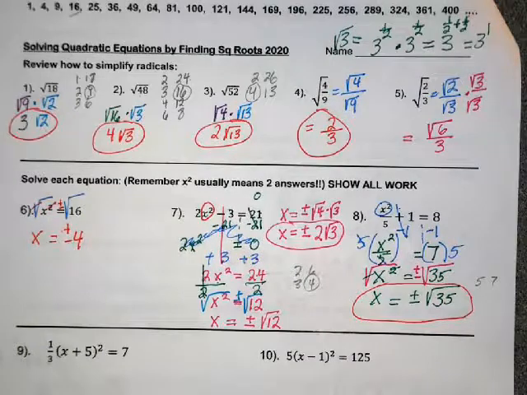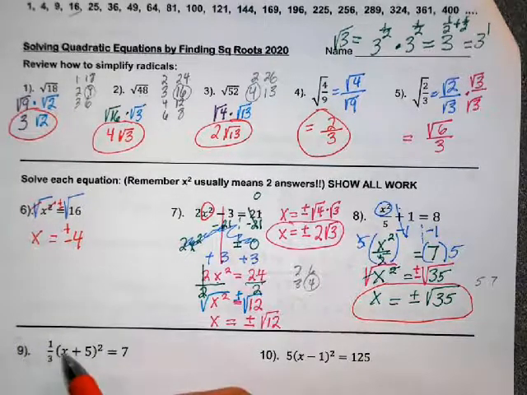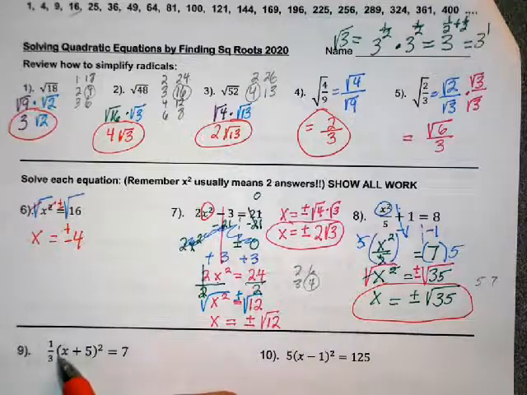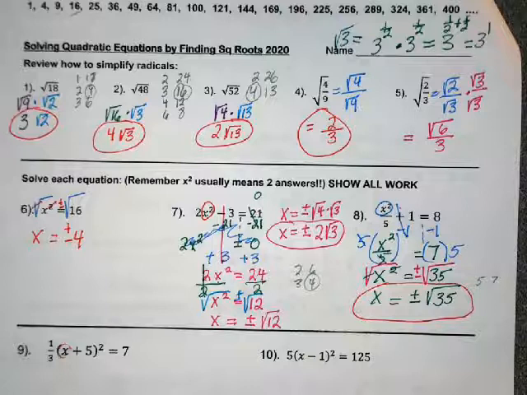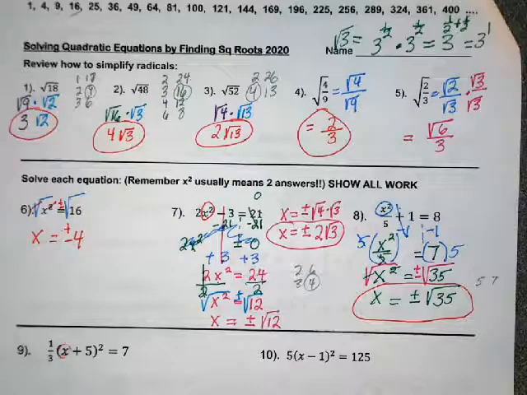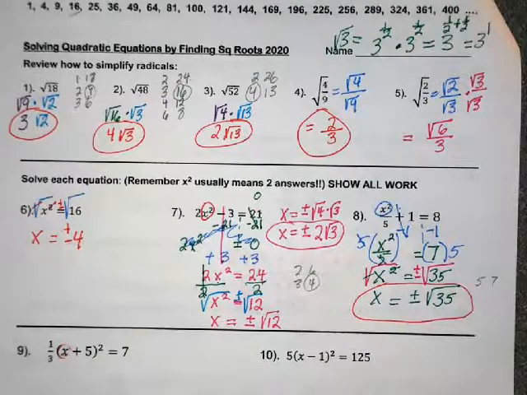With these problems, you always have to be concerned about getting x by itself. But you have to undo the PEMDAS rules, right? You're actually kind of going backwards with it.